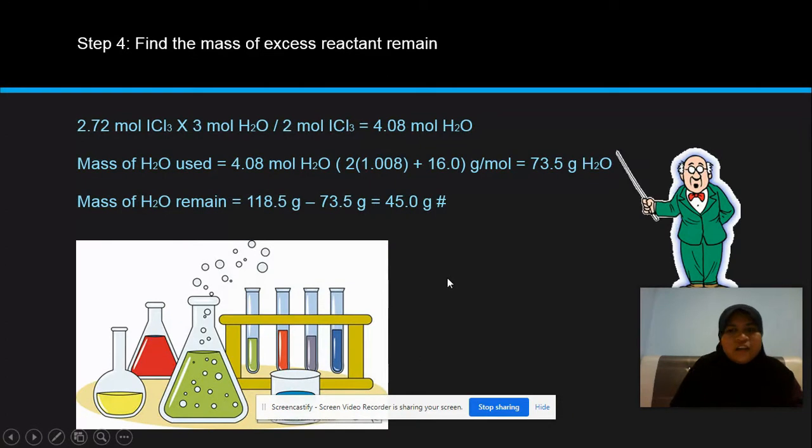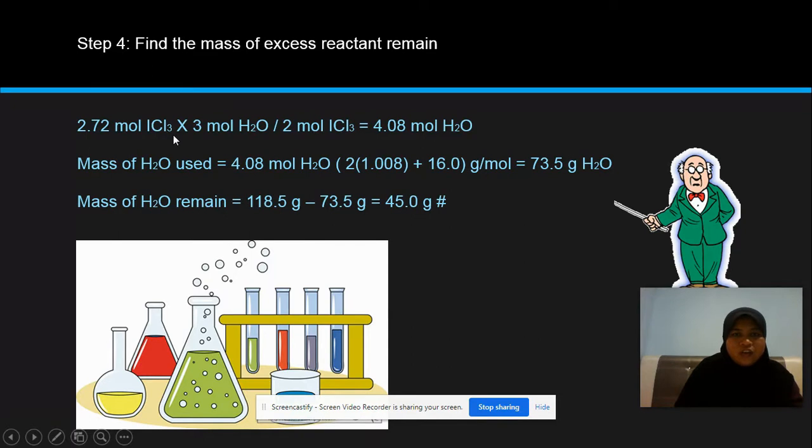Next is the last step for question 3.85. Step 4, find the mass of excess reactant remain. We take the number of mole of limiting reactant, which is ICl3.